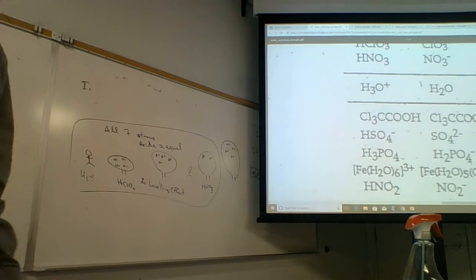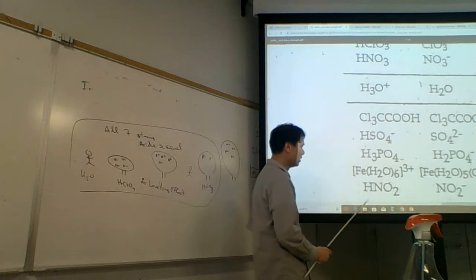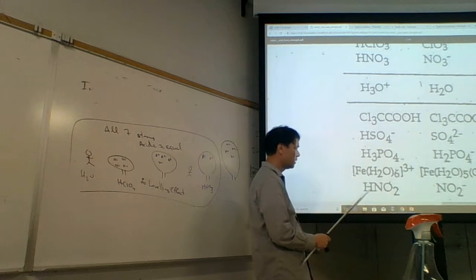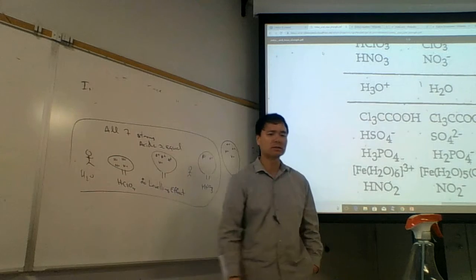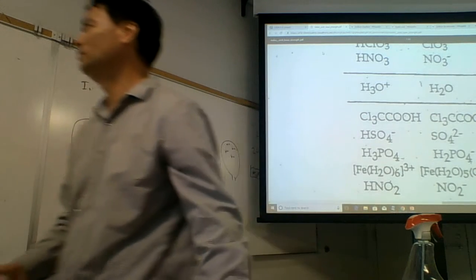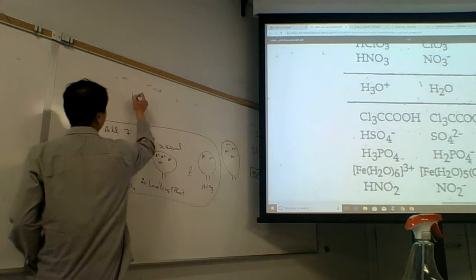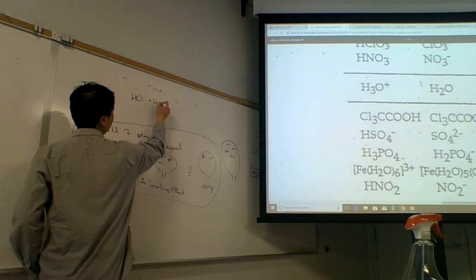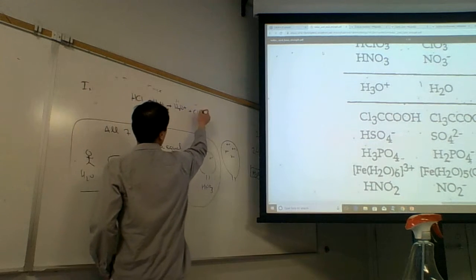We start to have trouble plucking all the hydrogen ions off as we get lower. And so HNO2, it's harder to pluck off the H pluses. Water has a harder time to pluck off the H pluses. For something like HCl, no problem. Water comes along, it plucks all the hydrogens off, and we're left with this.